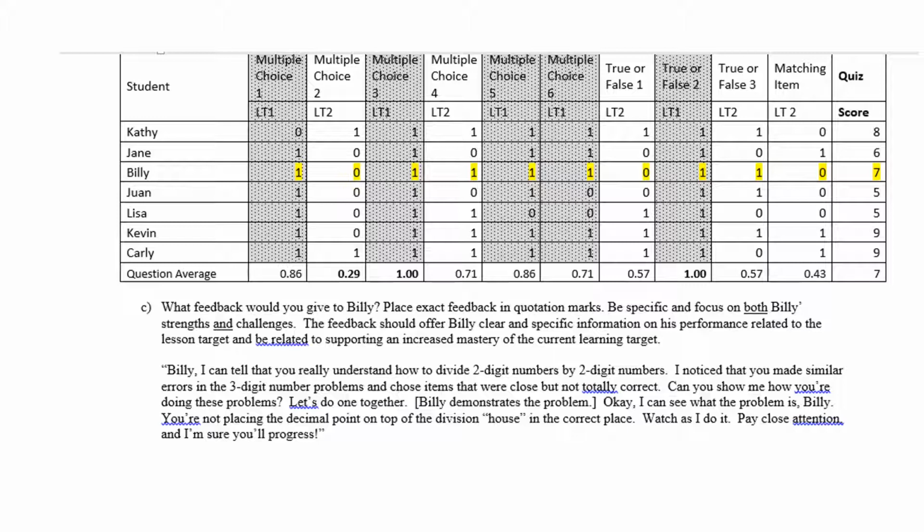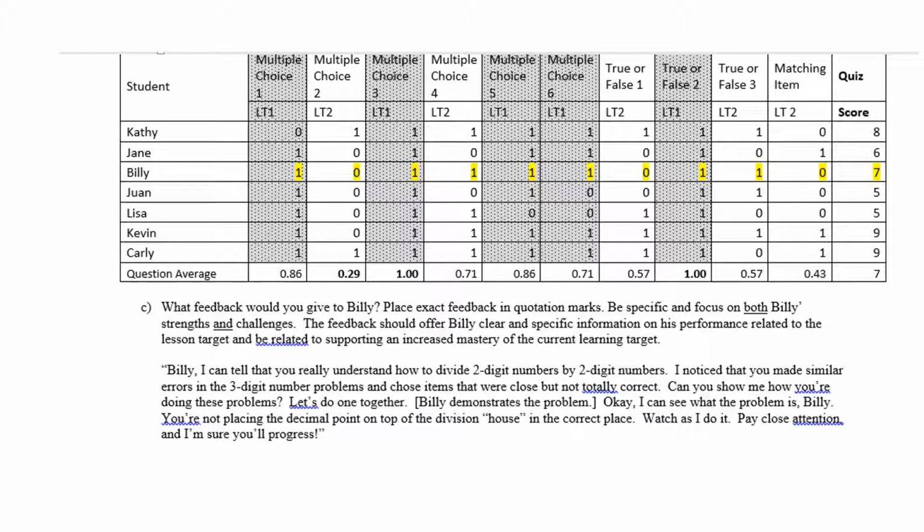The question asks, what feedback would you give to Billy? Place exact feedback in quotation marks. Be specific and focus on both Billy's strengths and challenges. The feedback should offer Billy clear and specific information on his performance related to the lesson target and be related to supporting an increased mastery of the current learning target.